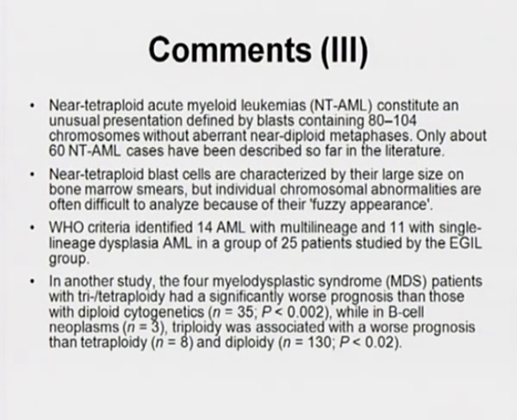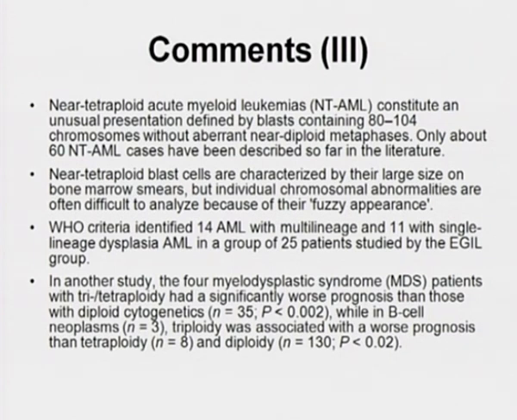Near tetraploid blood cells are characterized by large size on the marrow smear, but individual chromosome abnormalities are often difficult to analyze because they have a so-called fuzzy appearance. WHO criteria identified 14 AML with multilineage and 11 with single lineage dysplasia in a group of 25 patients studied for the ploidy of the blood cells.